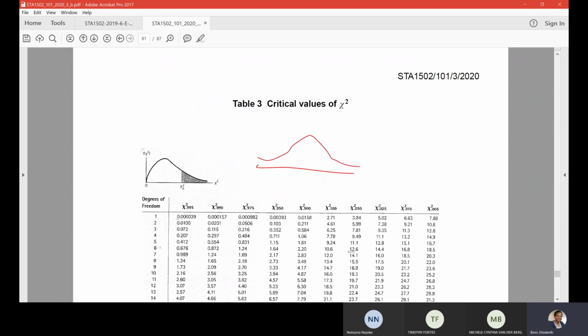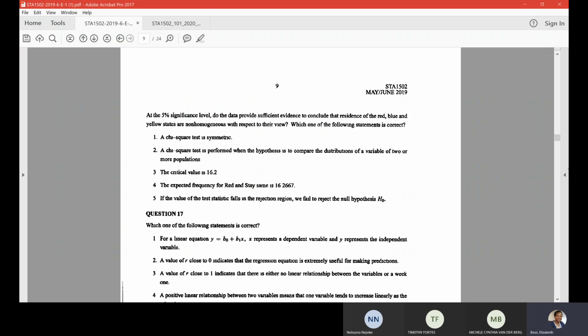Mine is not nice, but that's symmetrical. Even though it's skewed, it should look somehow like that. Compared to that, this is not symmetrical. So we're looking for the correct answer. That will be incorrect.